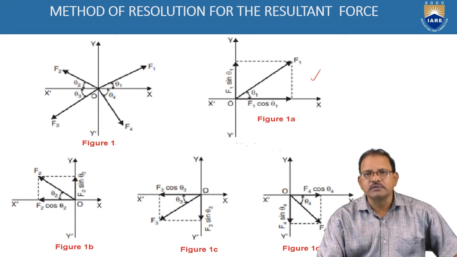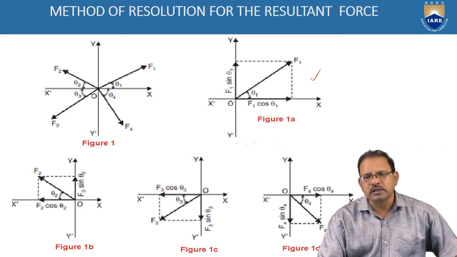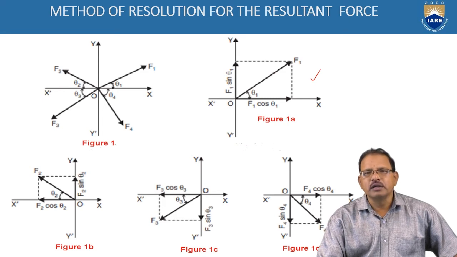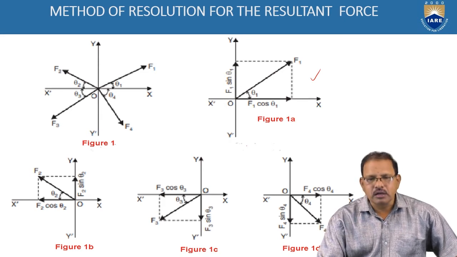Similarly, there is force F3. When it is resolved into two components, F3 cos theta 3 acts toward the left along the horizontal direction, and F3 sin theta 3 acts in the downward direction, treated as the vertical component, as shown in figure 1c.